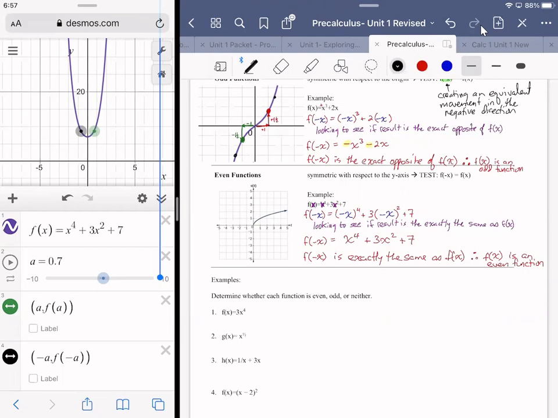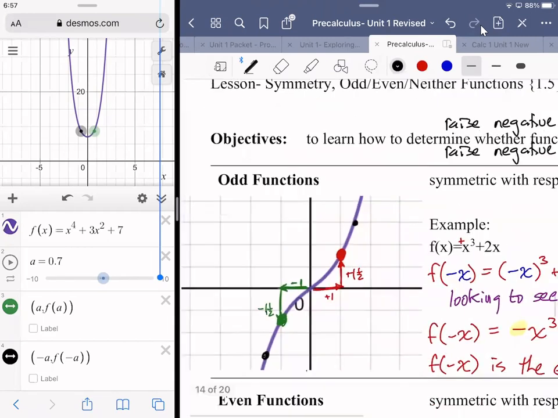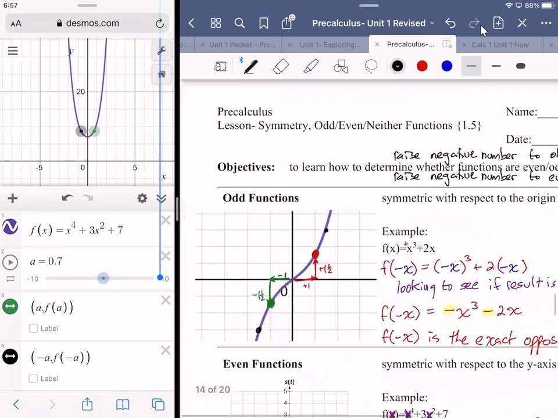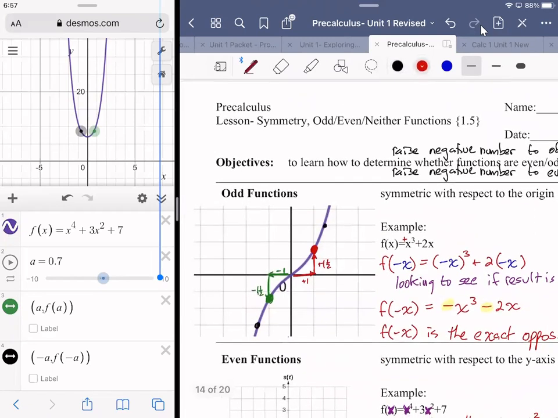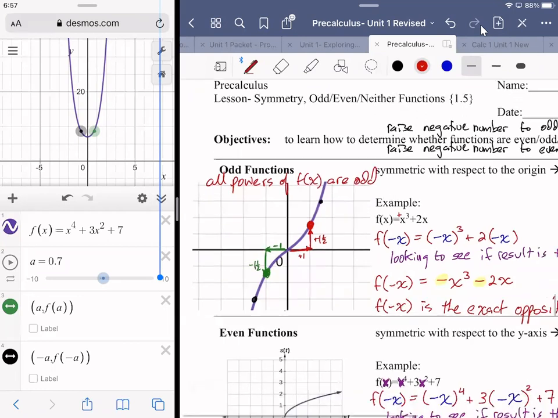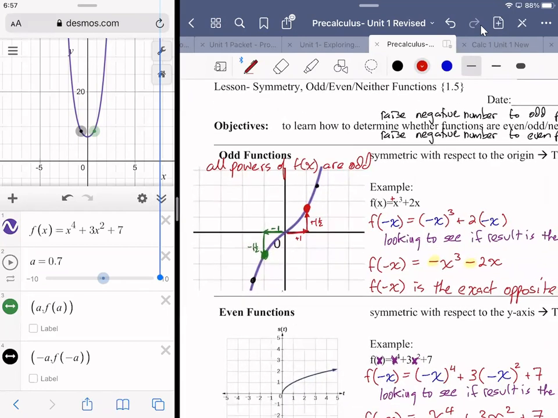There's a couple of ways we can do this. One would be just looking at the equation. For an odd function, all powers of f of x are odd. For an even function, all powers are even.